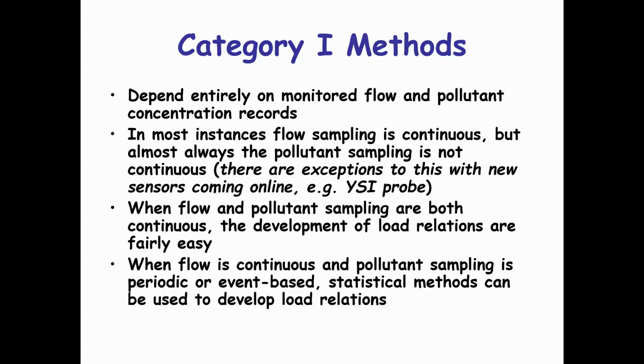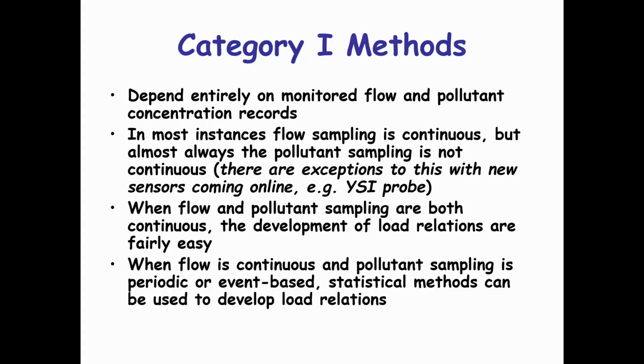Generally, for Category 1 methods, when you're using monitored data, the flow sampling is usually continuous, but almost always the pollutant concentration is not continuous. Now, this is changing over time as new sensors are being developed that allow you to make measurements in real time.